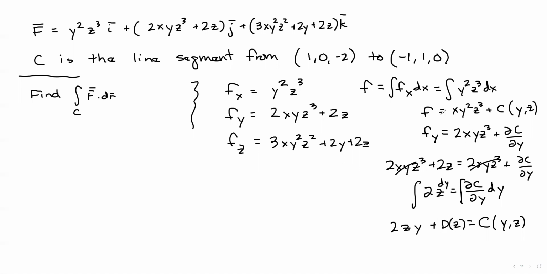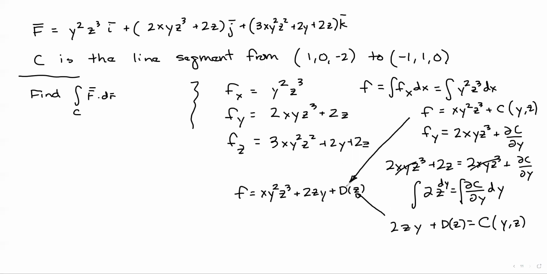All right, and now here's where things start to get a little bit messy. So what we need to do is take F, and take this result we just got, and combine them, and you're going to get that F equals xy squared z cubed plus 2zy plus d of z.